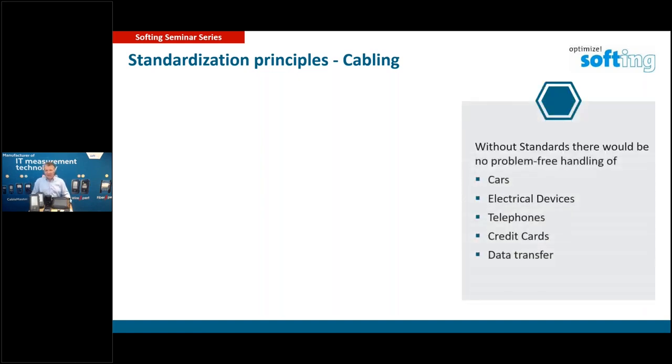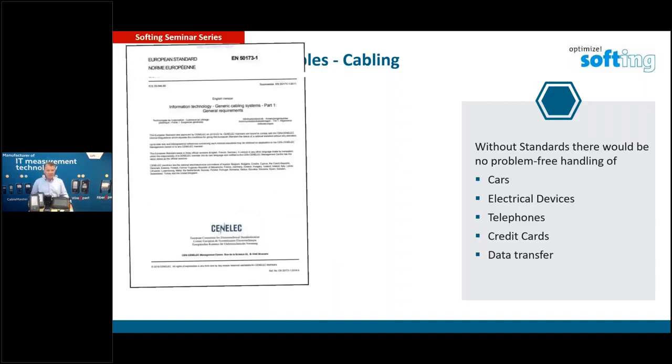Standards are very important for every conversation between cars, between electrical devices, telephones, credit cards, data transfer. Without standardizing the interfaces between all the different devices, that will not work, and we will not have problem-free handling.